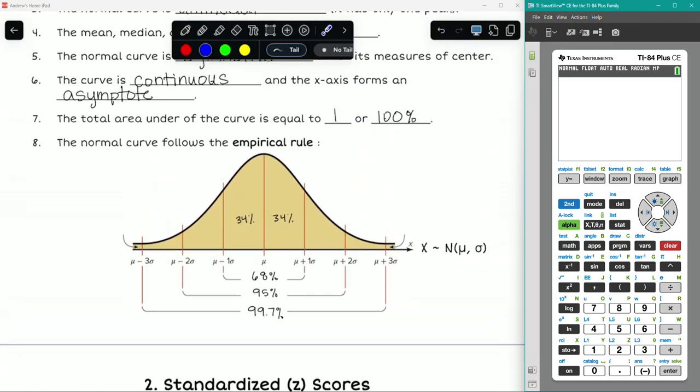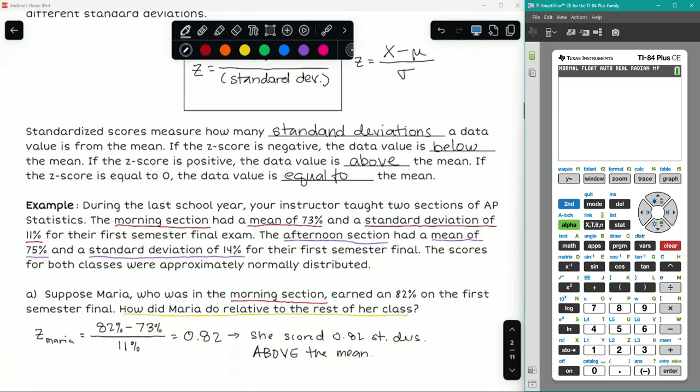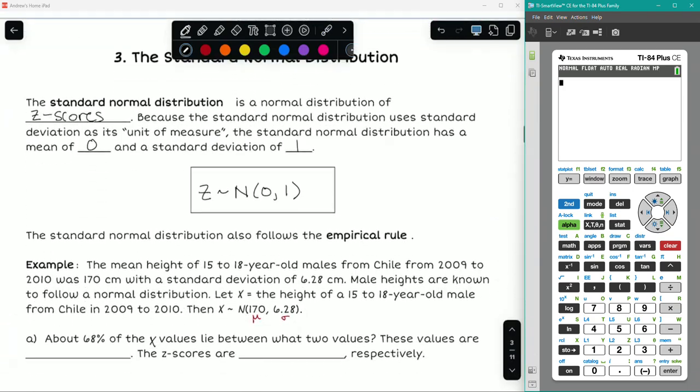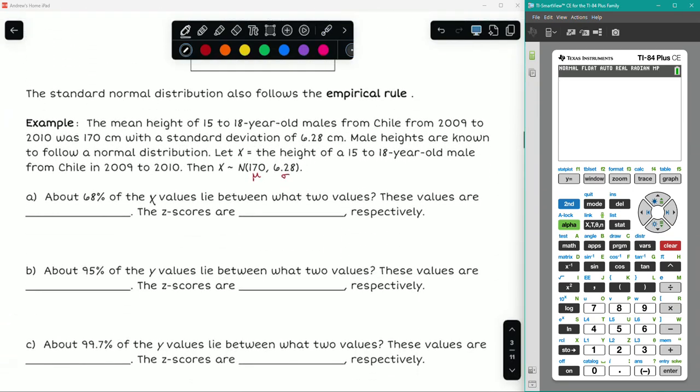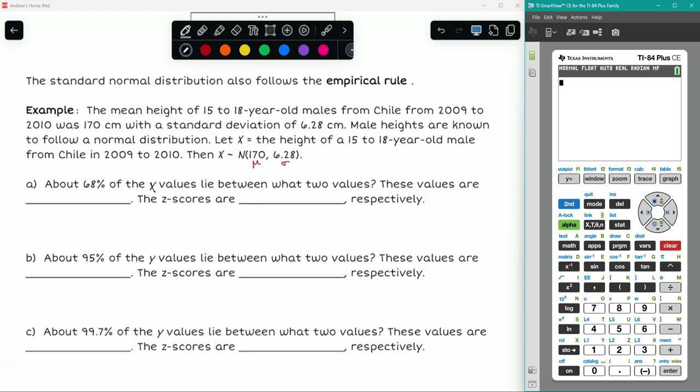And I can see that 68% of my data is within one standard deviation of the mean on either side. So coming back down here to my question about heights of teenage males in Chile, I know that I need to be one standard deviation above or below the mean. In other words, I need z-scores of -1 and +1 respectively.